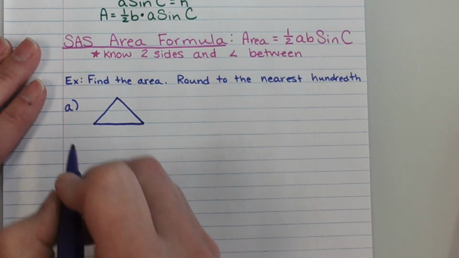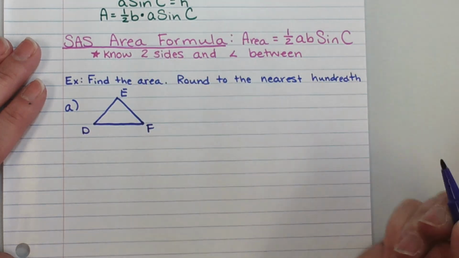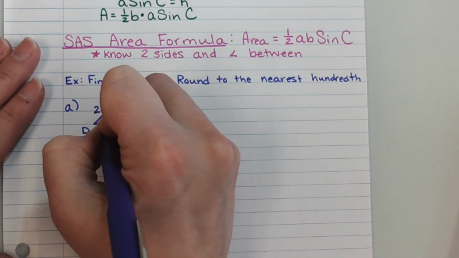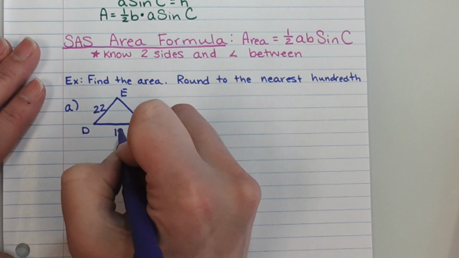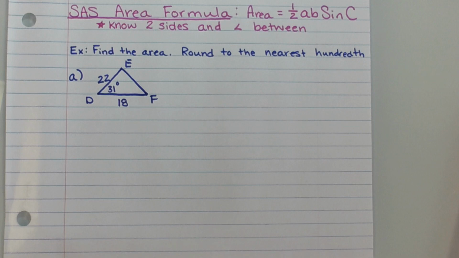Sometimes when they give you this question, they're going to give you a picture of a triangle. Now, key thing to use this formula, it needs to have two sides and the angle between.